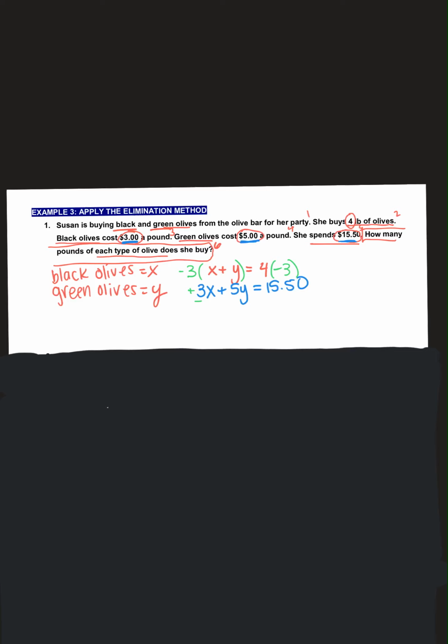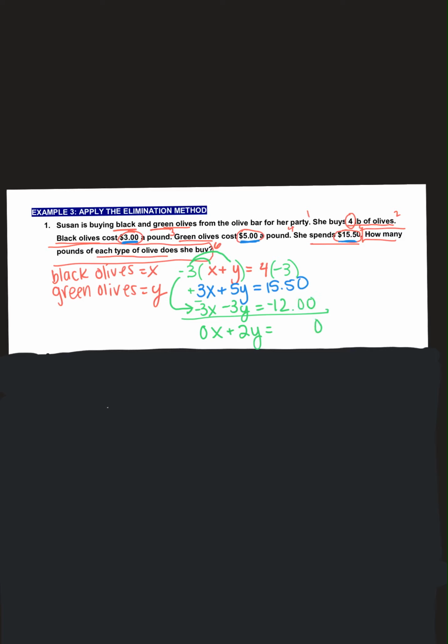All right, so now I'm just going to bring this down right below it. So negative 3 times x is negative 3x, just like we wanted. And negative 3 times positive y is negative 3y equals negative 12. Now let's add those together. This is going to become 0x plus positive 5 minus 3 is 2y equals, let's see here, 15.50 minus 12.